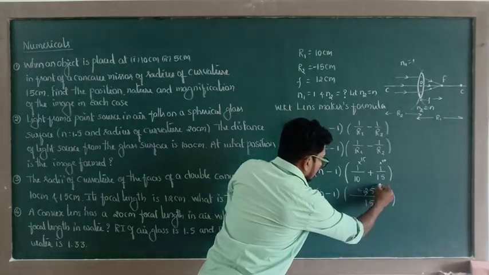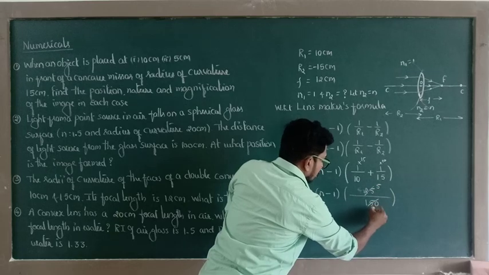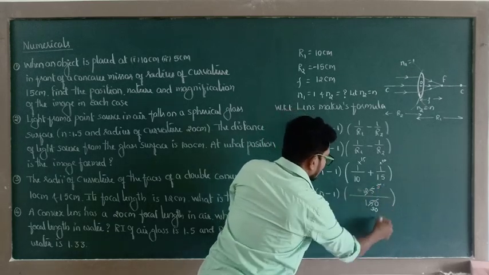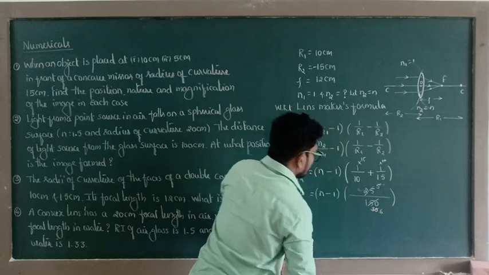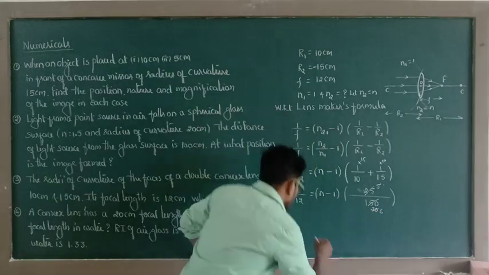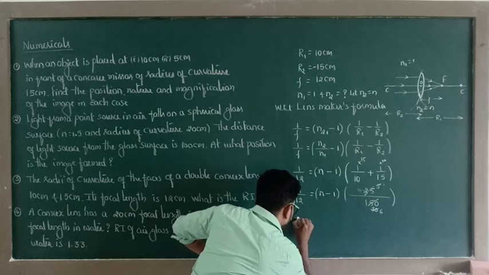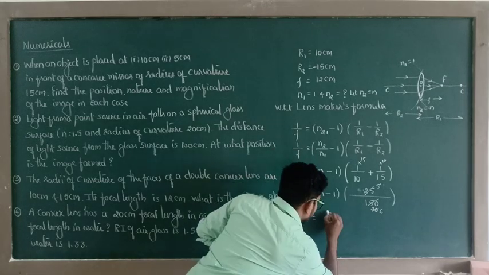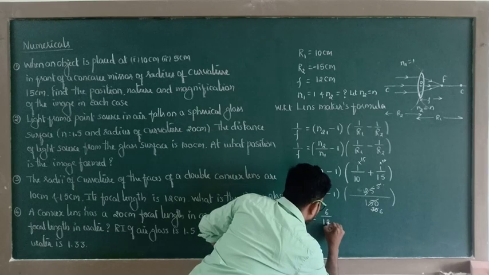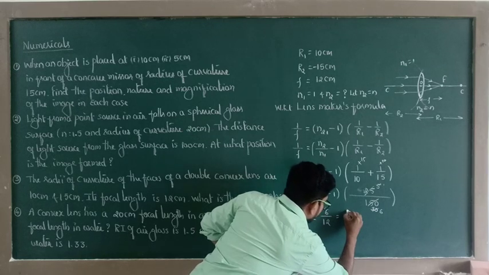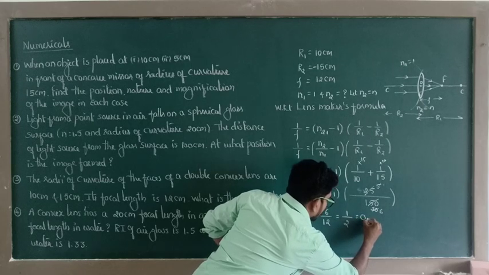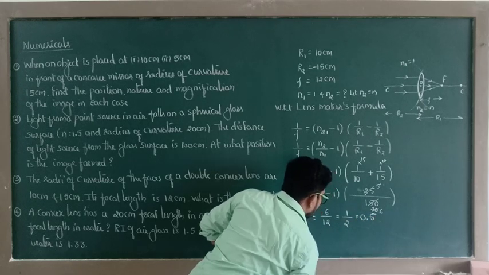So this is equal to 1 by 6. n minus 1 is equal to 6 divided by 12, which is 1 by 2, so this is 0.5.